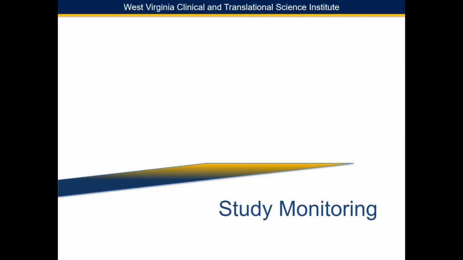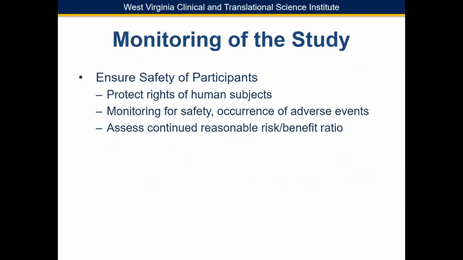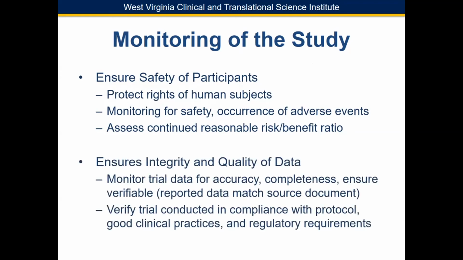So let's do study monitoring first. So monitoring of the study. Once again, ensuring the safety of participants. You want to protect the rights of human subjects. Monitoring for safety, occurrence of adverse events, assessing continued reasonable risk and benefit ratio, and ensuring integrity and quality of data.